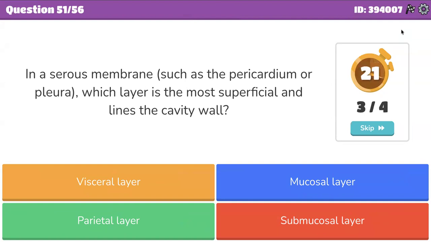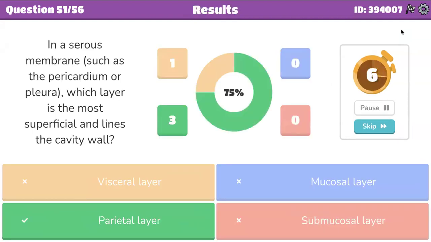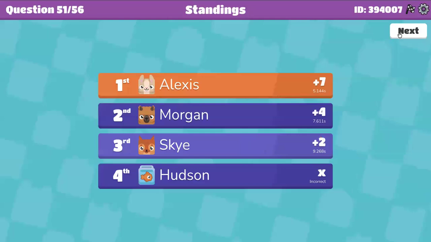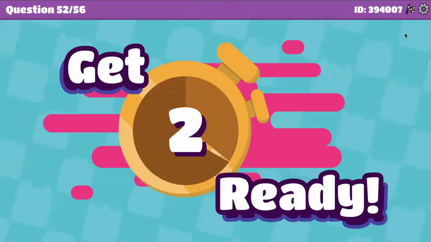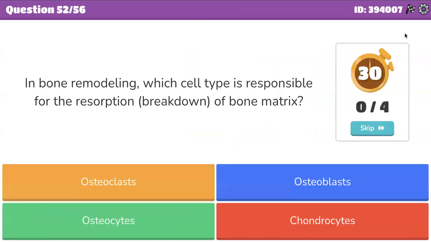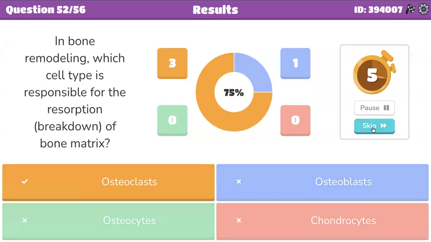In a serous membrane, such as the pericardium, which layer is the most superficial and lines the cavity wall, the parietal layer? In bone remodeling, which cell type is responsible for the reabsorption breakdown of bone matrix? Which one breaks down the bones? Yep, the osteoclast.